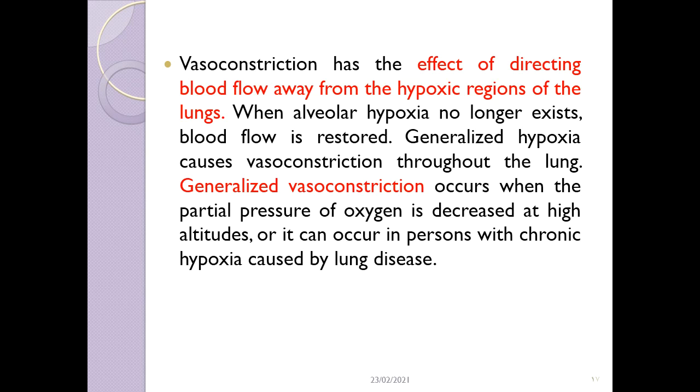This will help in directing the blood flow away from the affected area into the other regions of the lung, which are healthy and able to maintain a normal gas exchange and a normal perfusion. Then, when this area is no longer affected by the hypoxia, blood flow will return to its normal condition.